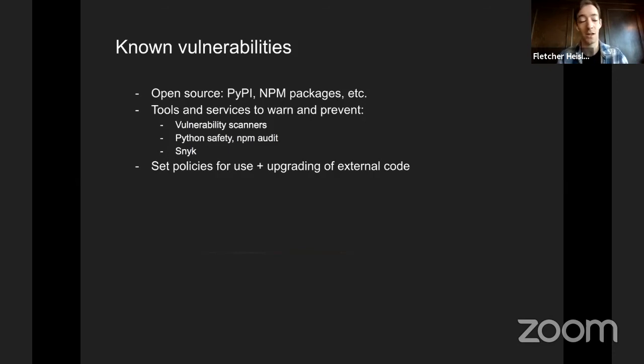Scan your code frequently for those kinds of vulnerabilities. Python has safety. There are things like npm audit that are automatically built in as you install packages now, and give you nice big red warnings when known errors have happened. So make sure that you pay attention to those and take heed of those warnings.